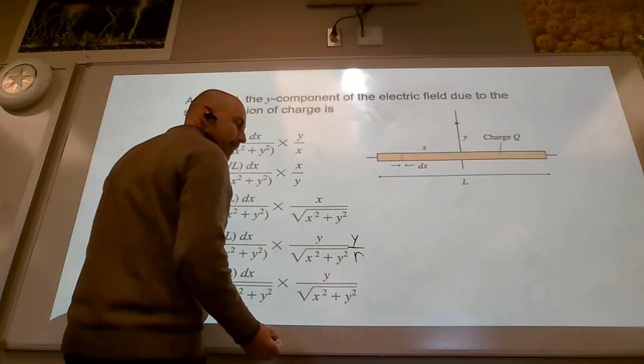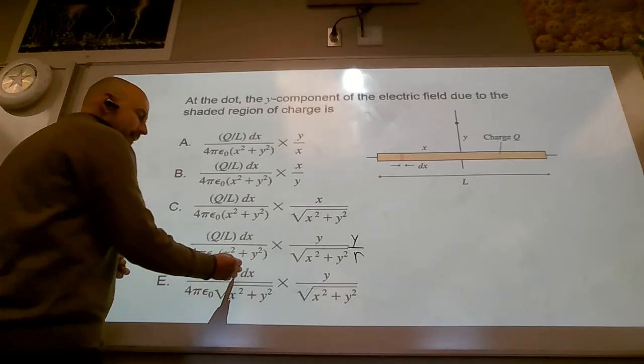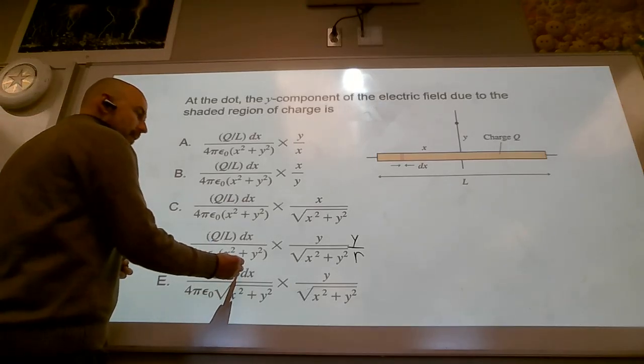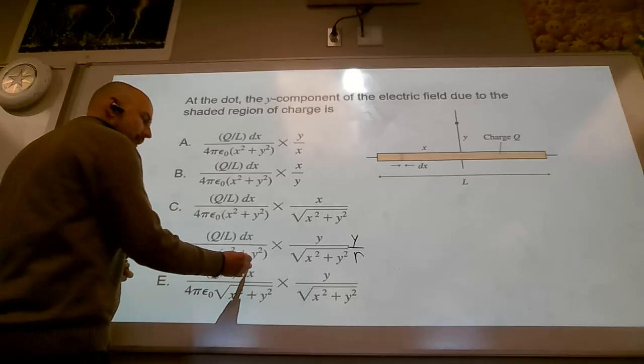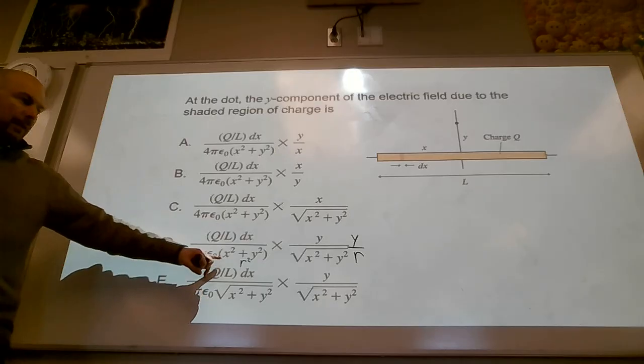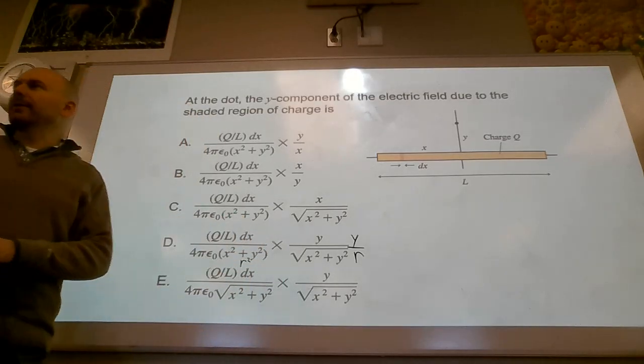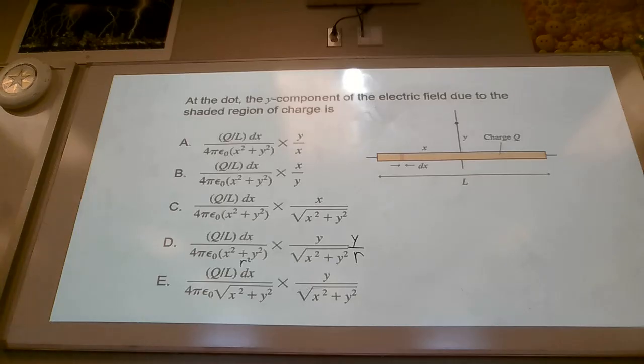This is the hypotenuse. And this is the hypotenuse squared. It was a square root, and then I squared it, getting rid of the square root. Good?